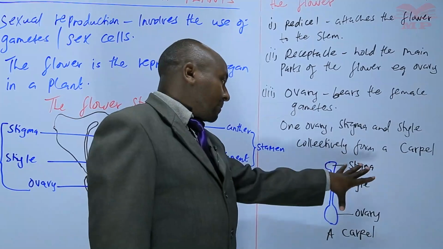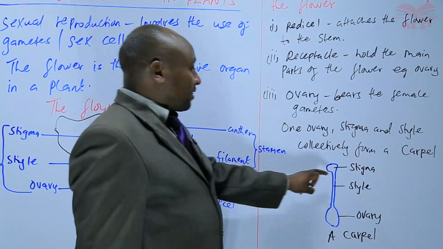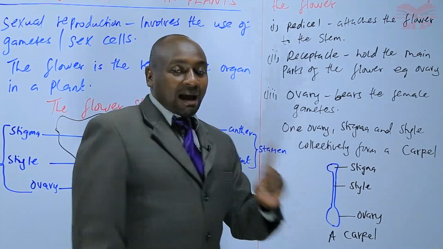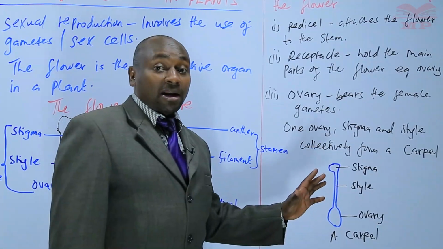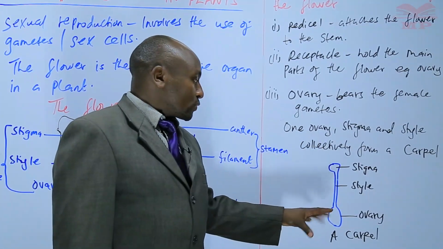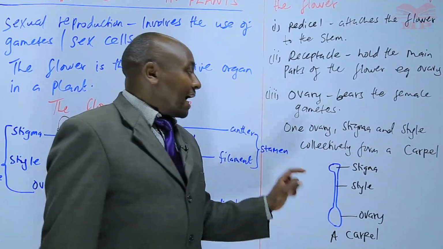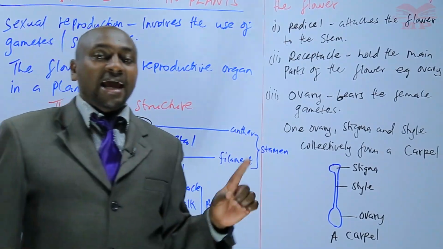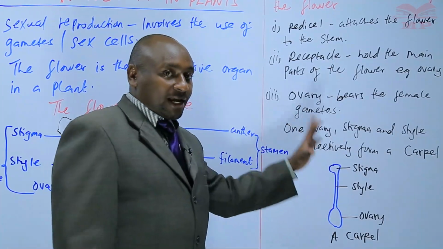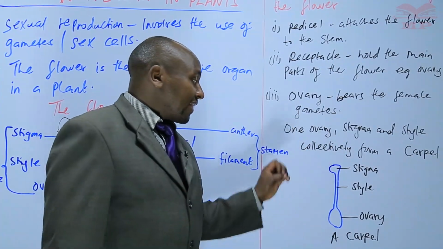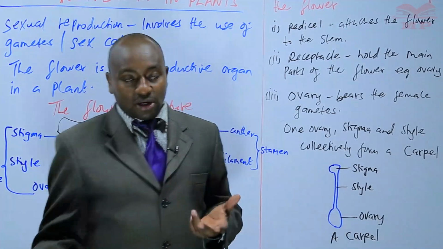The style and the stigma, we'll see how they help the ovary as we continue. But basically, the collection of the stigma, the style, and the ovary make a carpel. Now, sometimes a flower may have more than one carpel, or many carpels. In this case, all the female parts of a flower are collectively referred to as the gynoecium. So the gynoecium may either have one carpel or several carpels.